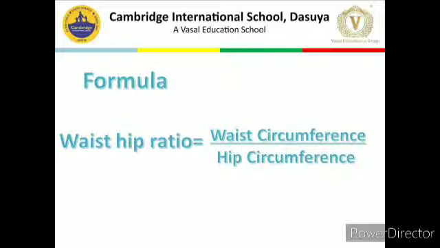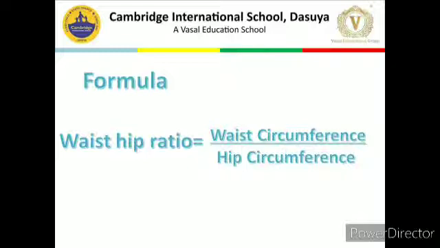And in female category, as I told you, if your body mass index is appropriate, 20 to 25, then your waist hip ratio is 0.70, then risk is very low. If your waist hip ratio is 0.70 to 0.85, then risk is low. More than 0.85, then moderate.